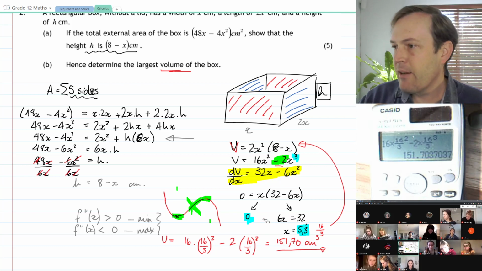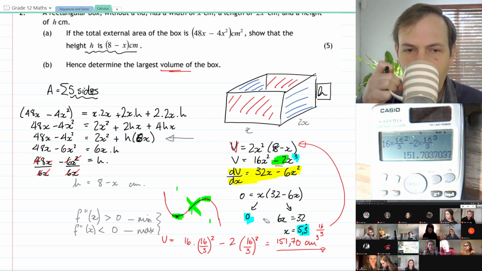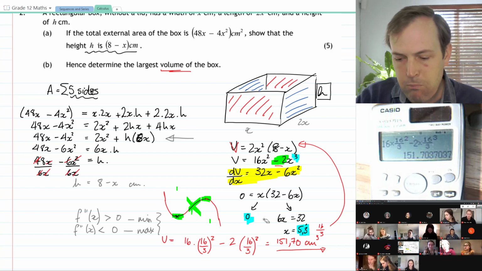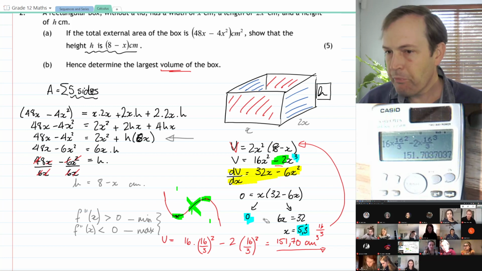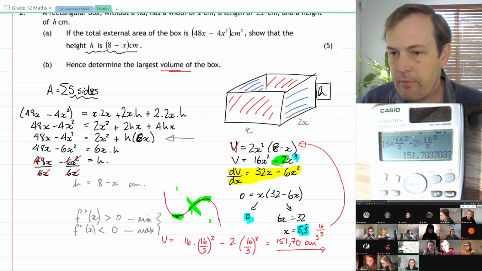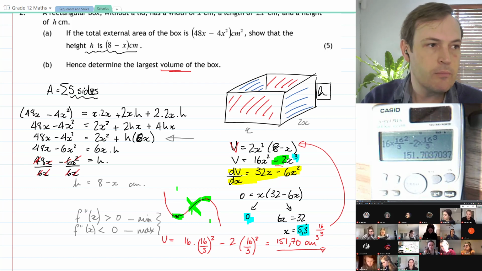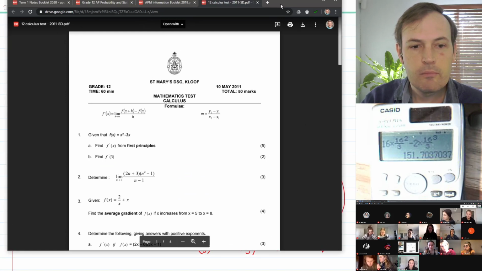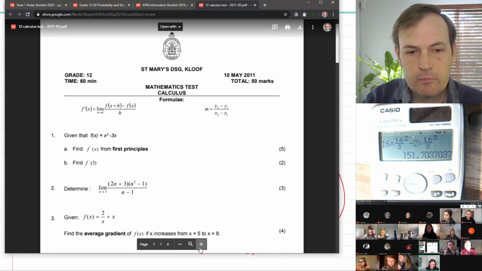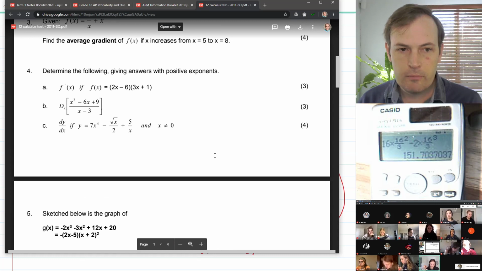Any thoughts, anything else? Any other questions in Exercise U? Mr. Norton, I did the 2011 paper. Yes. There's a little notational thing that I wasn't too sure about. For 4B, they were talking about D x, like capital D, small x.